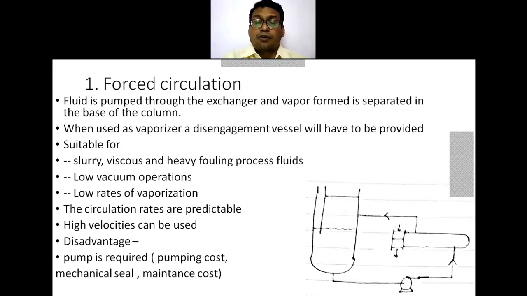They can be of 1 lakh or 2 lakhs also, or more than that. So pumps are required, but the pumping cost, maintenance cost, mechanical seal cost, all these costs are involved, and this is the disadvantage.